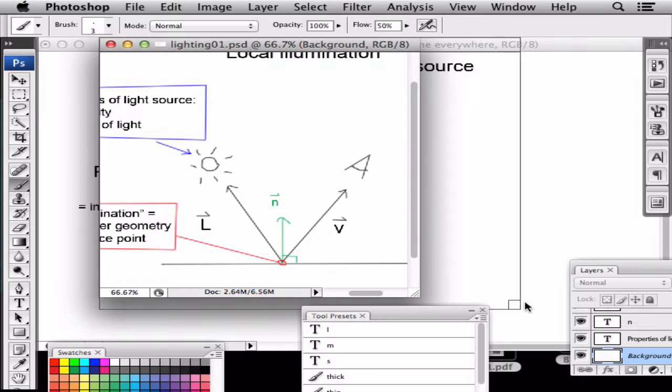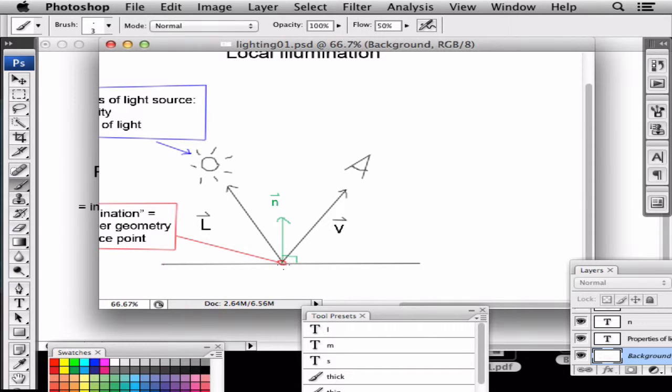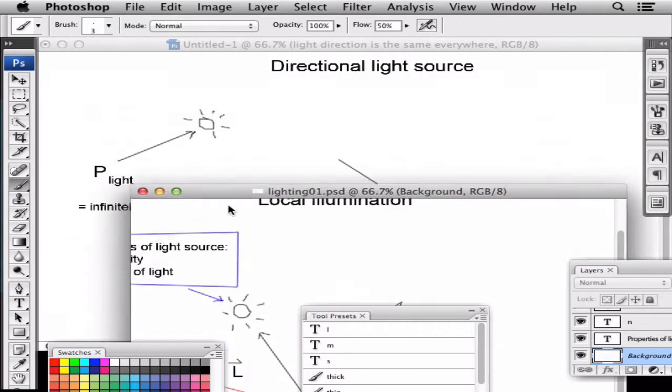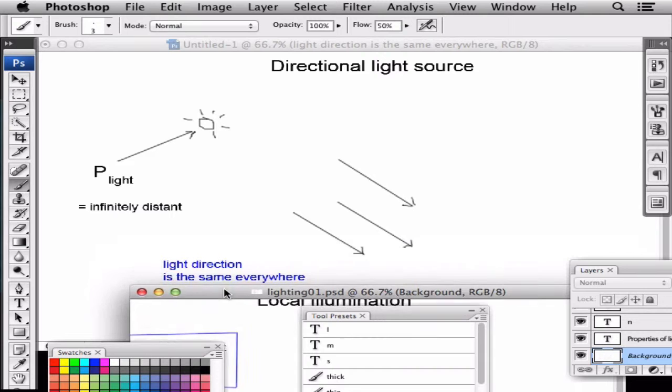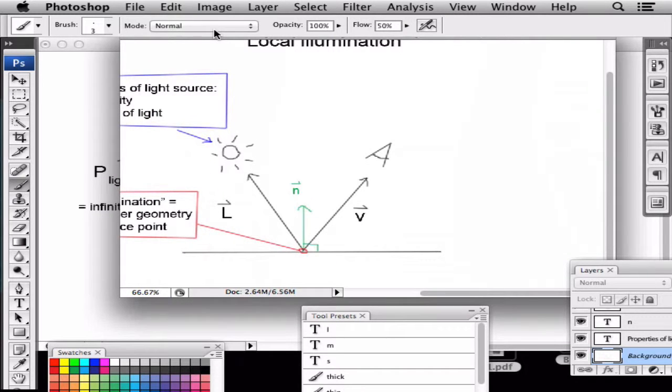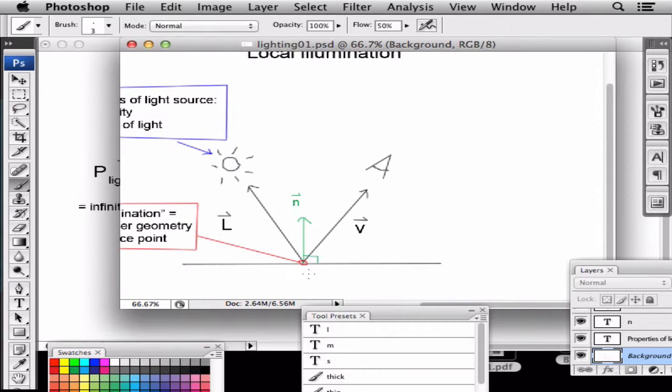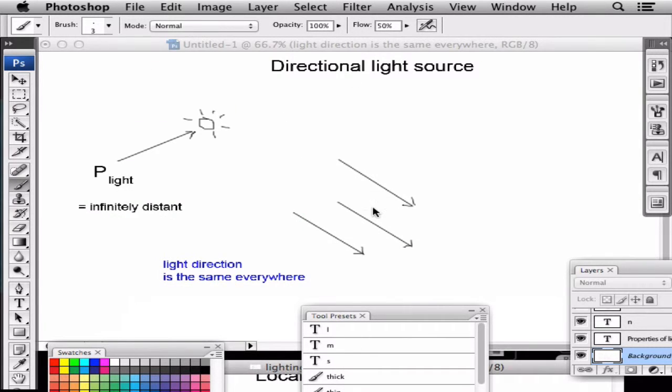That's actually a vector that goes from the reflectance point toward the light source. So in case of a directional light source, the light source is infinitely distant, so at all points in the scene, this L vector will be the same vector. But when I draw these, it's like the direction light is flowing from the light source. The L vector, of course, will be in the opposite direction.